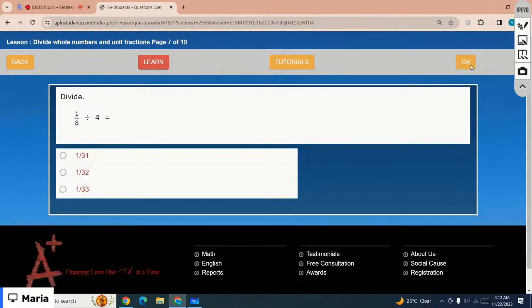Okay, the next one is 1 over 8 divided by 4, which is the correct option? Yes, the correct option is 1 over 32, right?